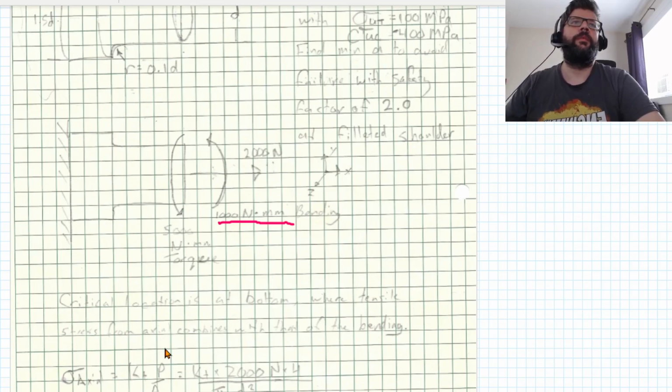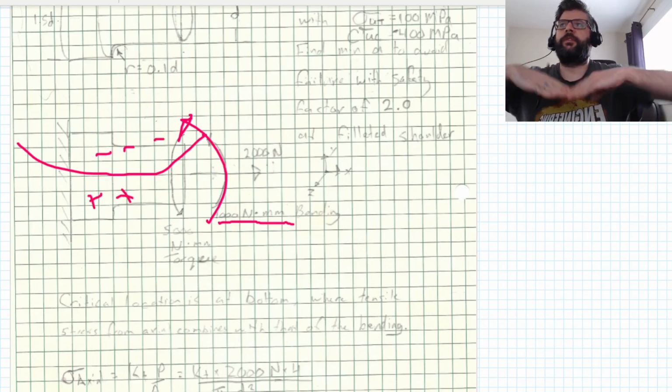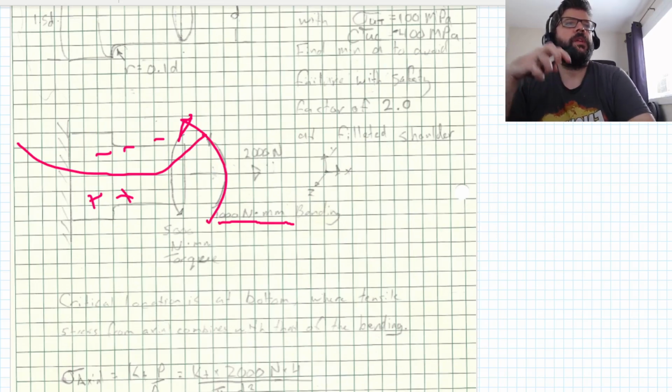A bending moment like this is going to cause it to bend in a shape like this, so that's going to cause compression at the top and tension at the bottom. So our critical location is at the bottom, where the tensile stress from the bending combines with that of the axial.